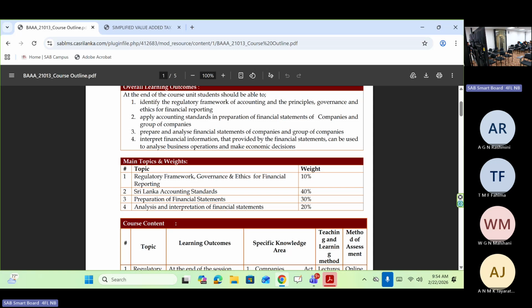That future economic benefit can be measured reliably. Right? This is the asset definition.